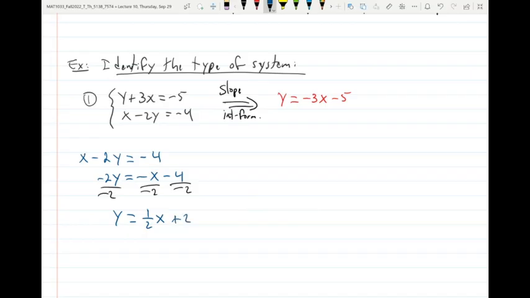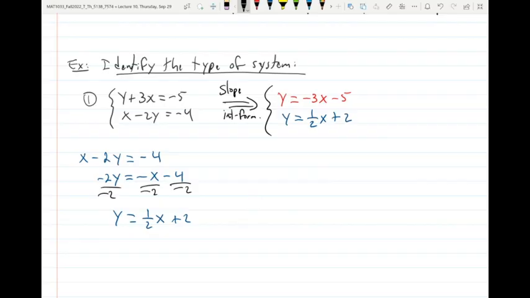Good. Does everybody understand this? So the second equation is y equals 1/2 x plus 2. This system is the same as the original one. It's just that now the equations are written in slope intercept form because it's easier for us to analyze.